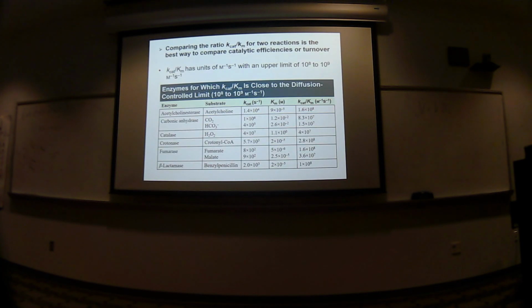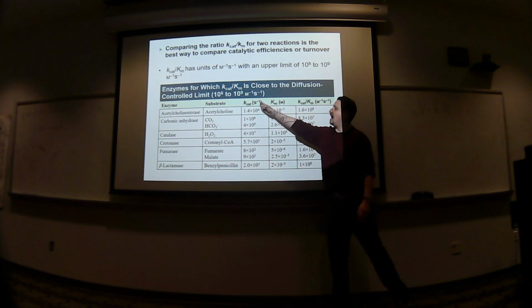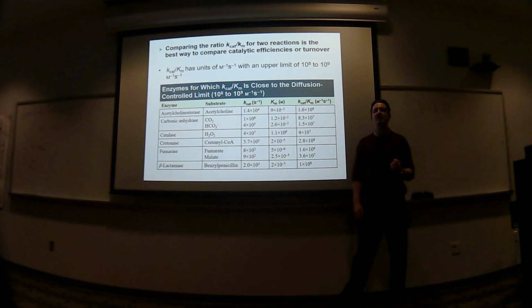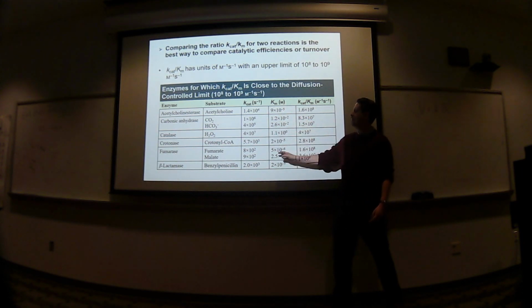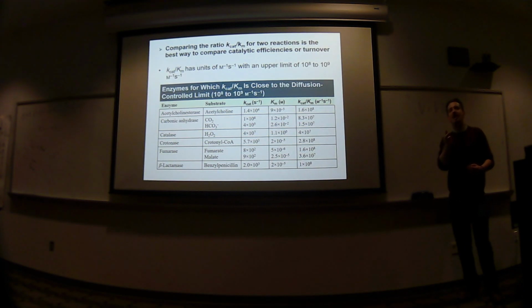Okay. And then just one final thing that I didn't get to was to just say that if we have the KCAT, that'll tell us the maximal efficiency that an enzyme can have. And then the KM tells you the substrate preference. So that allows you to compare different substrates within the same enzyme.